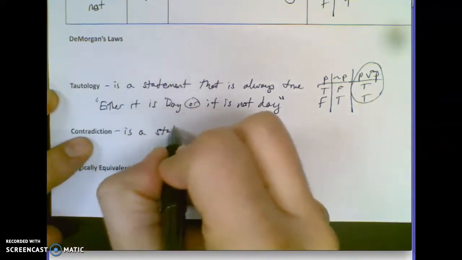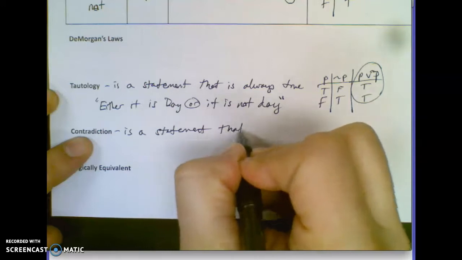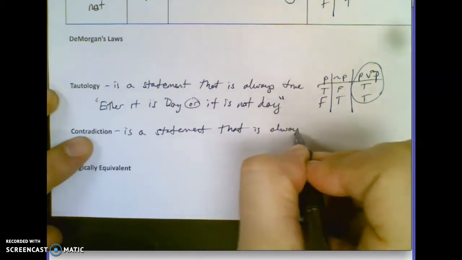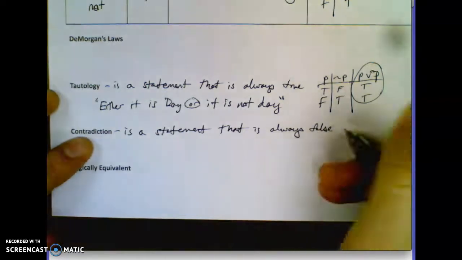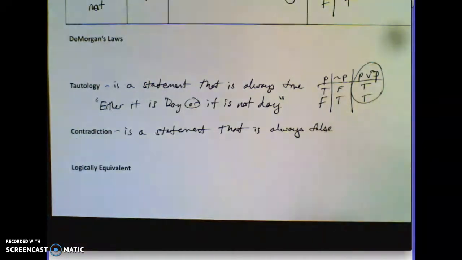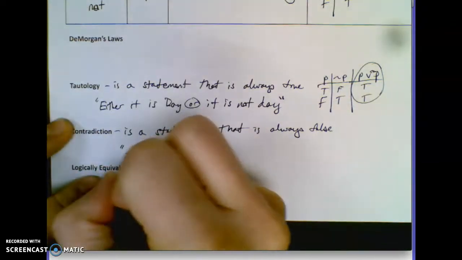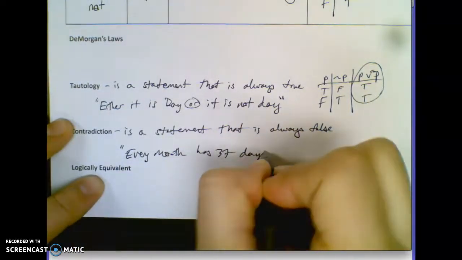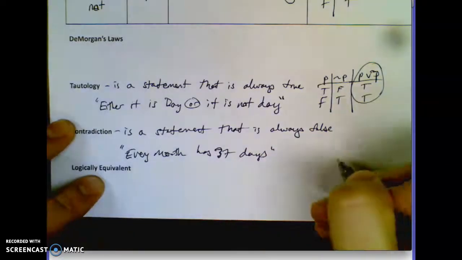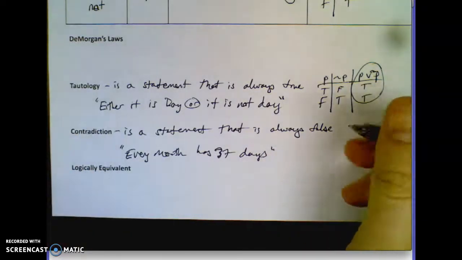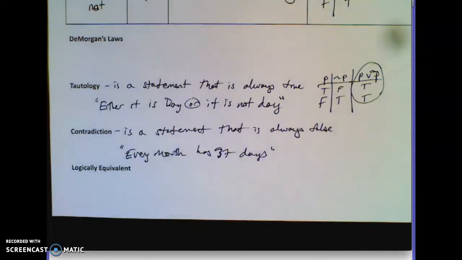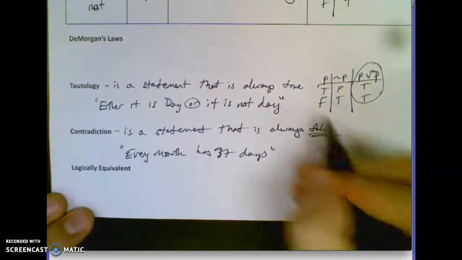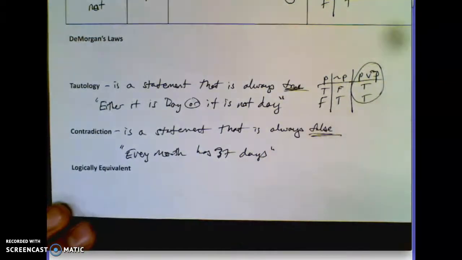A contradiction is a statement that is always false, like "every month has 37 days." That's always false. A statement that's always false is called a contradiction. A statement that's always true is a tautology.